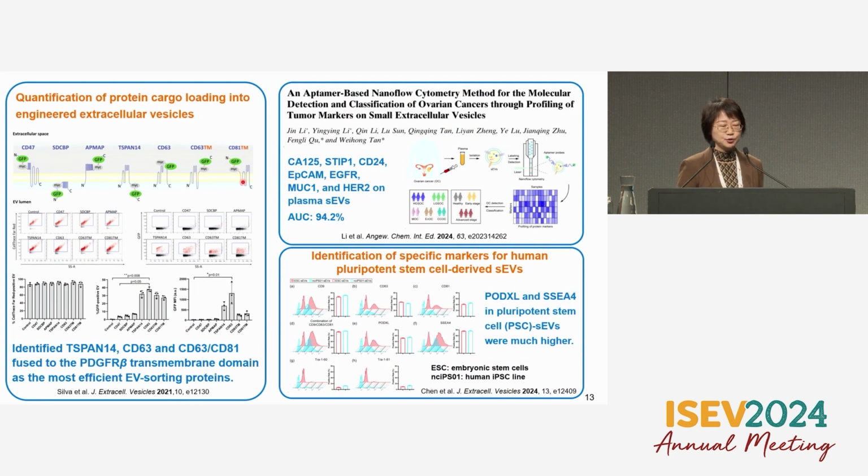They use this to do quantification of protein cargo loading into engineered EVs, and also profiling the tumor marker on the EV surface by using aptamer, for ovarian cancer diagnosis, and also identification of specific markers of stem cells. Here are just some examples, but all these are done just by single fluorescence detection.